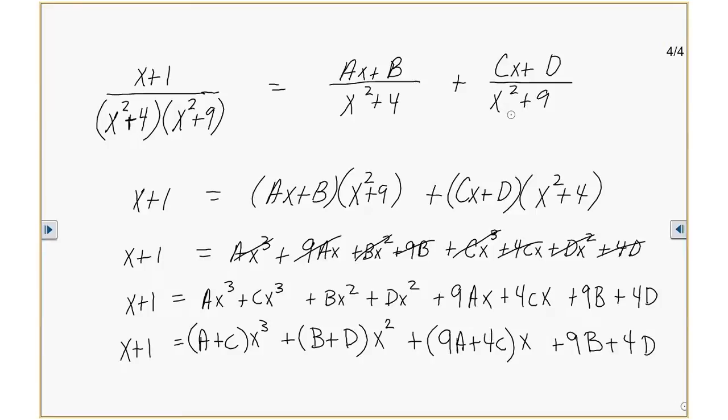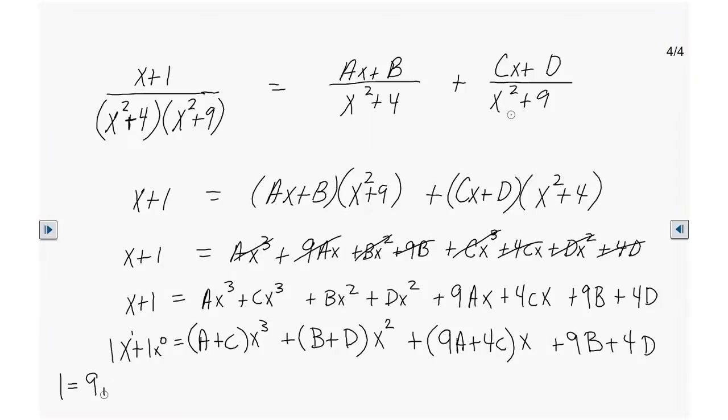Now, I'm not going to go on. The only reason I wanted to do this is to show you, now you have 1x to the first plus 1x to the 0. And now that 1x is going to be equal to this guy right here. So you can say 1 is equal to 9a plus what? 4c.